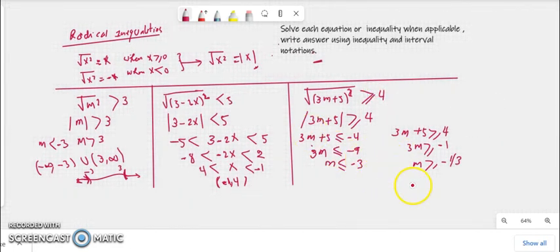So let's see how we graph this one. I think it's better if you just do the graph on the number line first. So m is greater than or equal to minus 1/3.